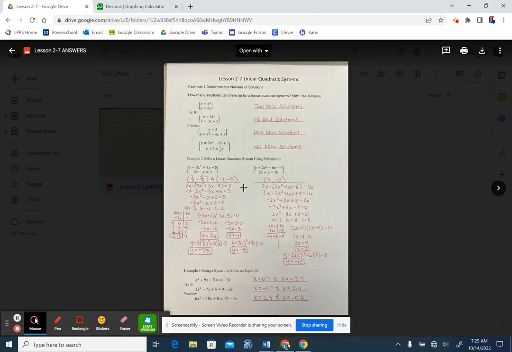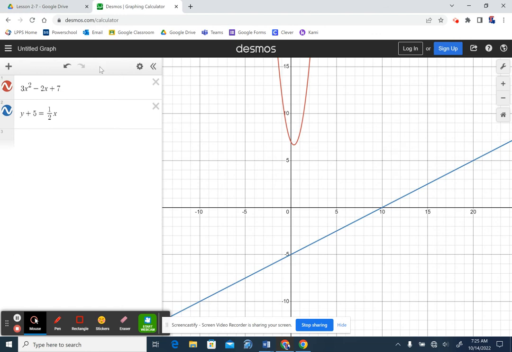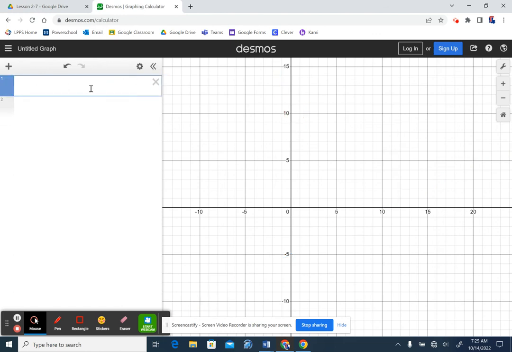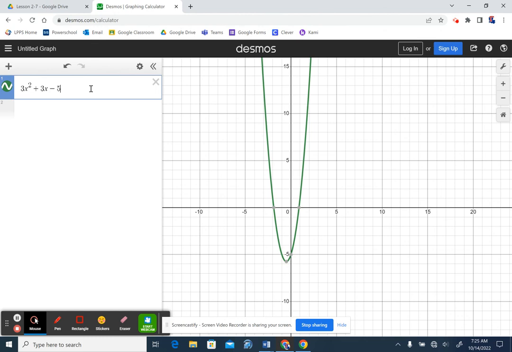Okay. For this next section, example 2, you can solve these algebraically like I have listed here with all the step-by-steps here. However, I would highly suggest using Desmos or your graphing calculator, whichever one you choose, and type in the equations exactly how you see them.